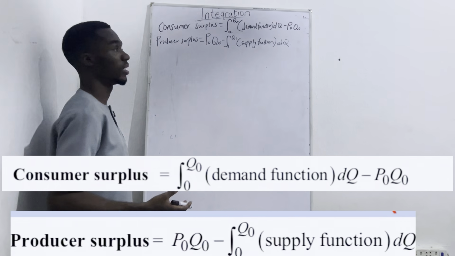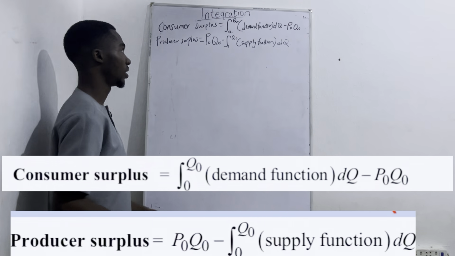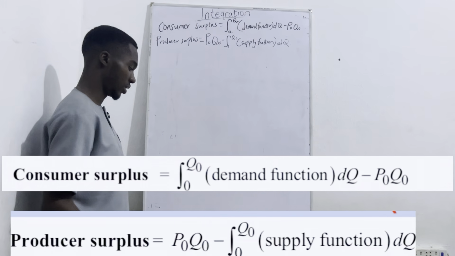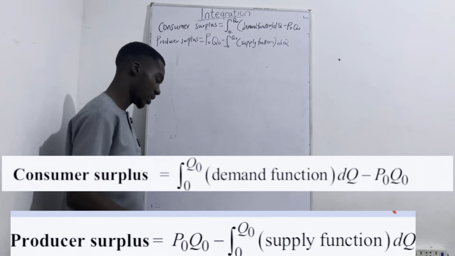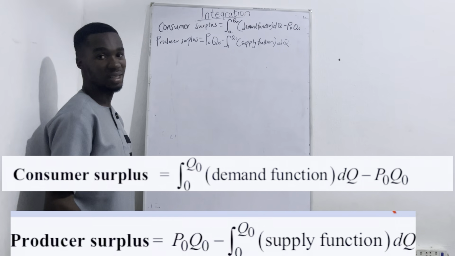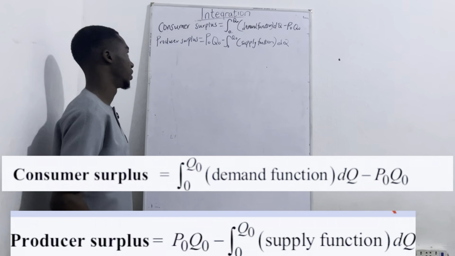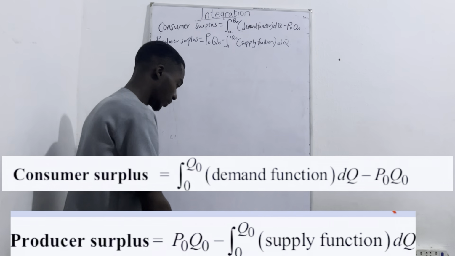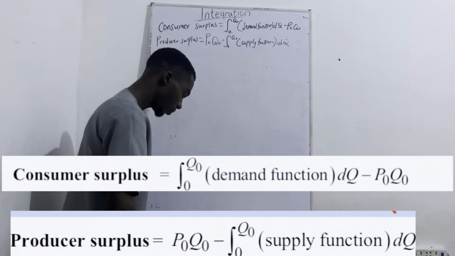All right. So last year they gave them a typical question on this, and this year too it might come. Since integration is part of the topics, that is going to come. So let's take last year's question on the consumer and producer surplus and see how we solve for it. All right.